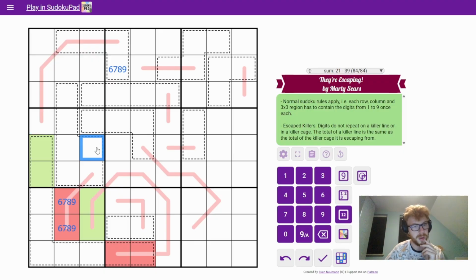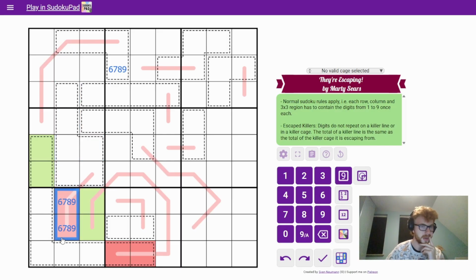But could a red digit be there? If a red digit is there, what are we saying? If it's 9, the minimum for this is 19. That doesn't work. If it's 8, the minimum for this is 18. That doesn't work because this cannot sum to 18 or 19. So 7, 17. That is possible with an 8 and a 9.